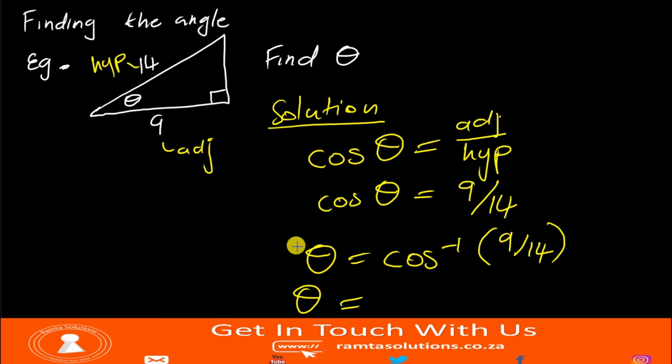Shift cos 9 over 14 gives 49.99 degrees. I'm leaving my answer correct to 2 decimal places. This is what you will be doing in your examinations. You always leave your answers correct to 2 decimal places.